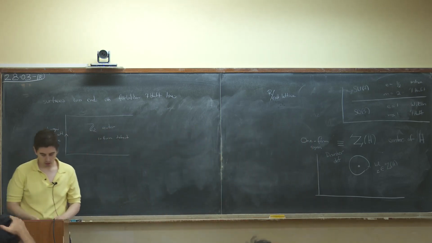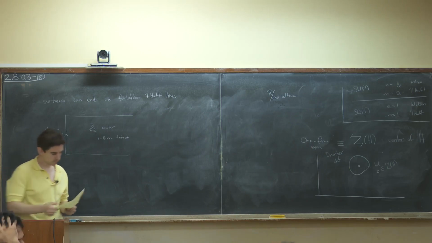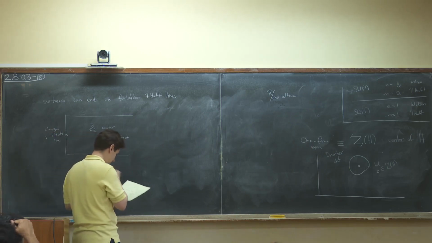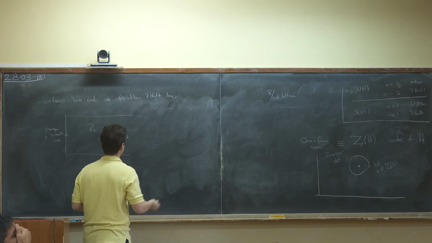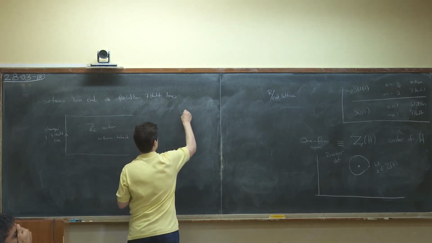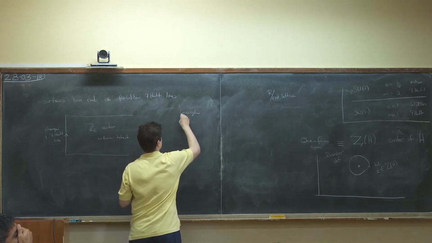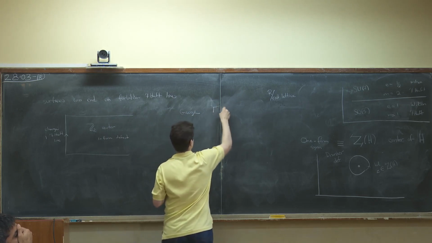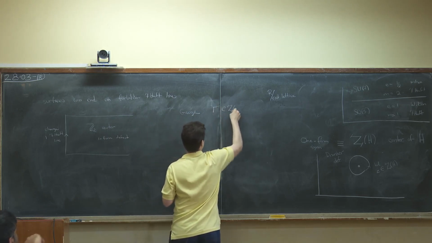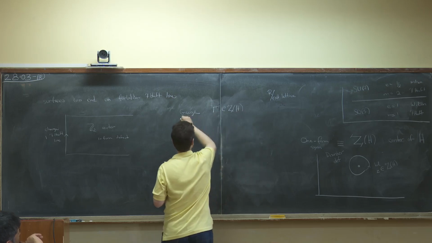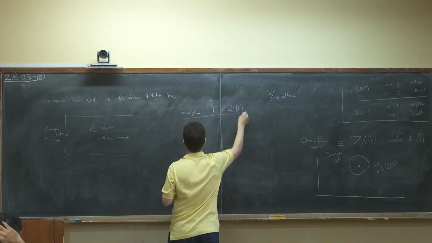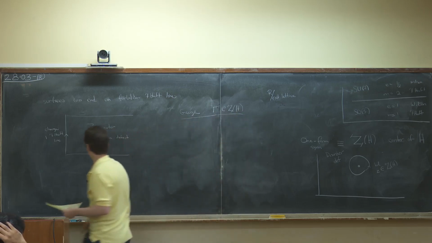Okay, so now suppose we gauge a subgroup gamma of the center of H. So we're now gauging a one-form symmetry. We know what that means abstractly.